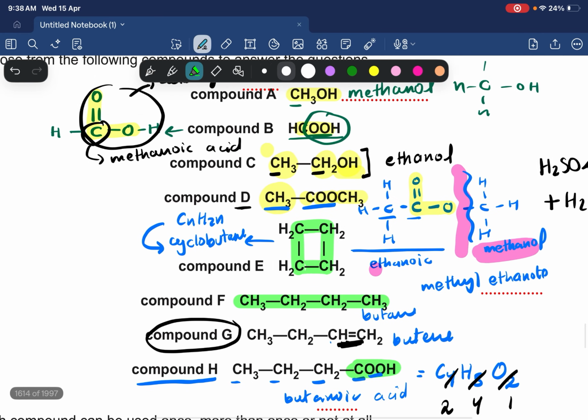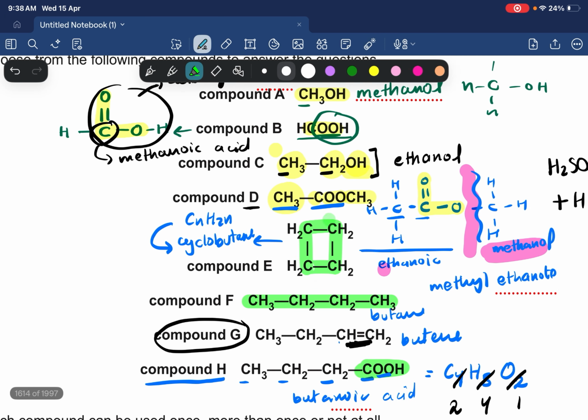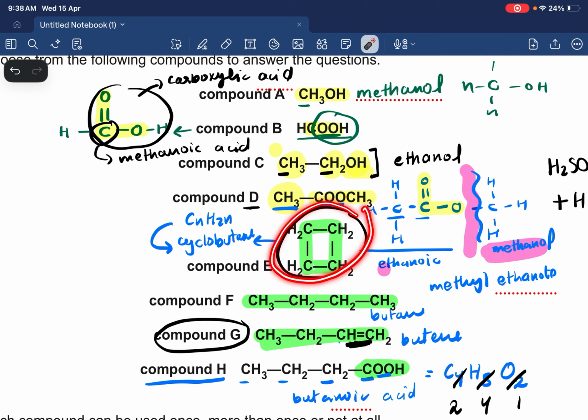Come here. Look over here. I told you something. Look at this cyclobutane. It has a different structure compared to butene, right? But look at the molecular formula. Cyclobutane is different from your butene.